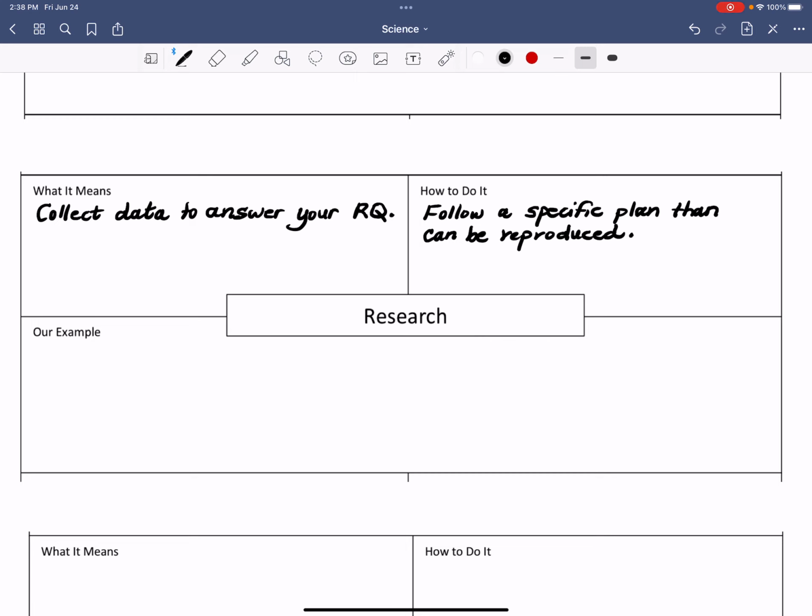And research does not necessarily mean experiments, okay? Research is data collection. It's observing more. We could even say that. Observe more. You might look at what other people have done.